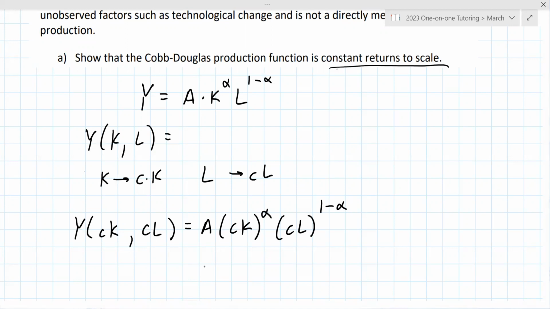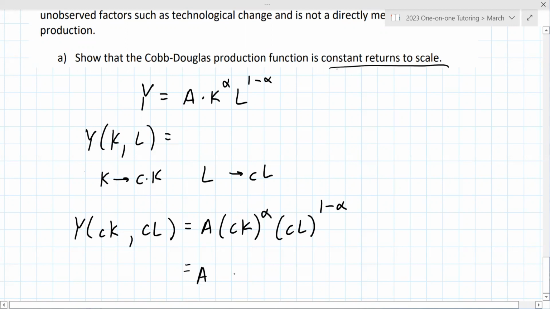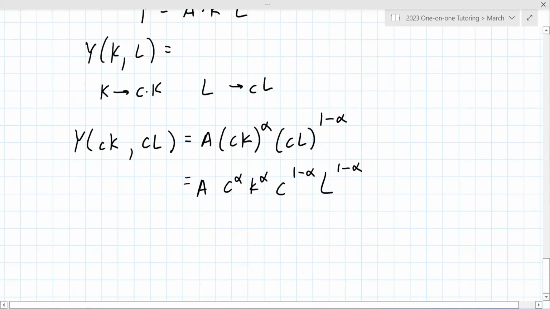Now, the next thing here is to apply the exponent rules. This alpha basically gets distributed to the C and the K. So it's A still there, C to the alpha, K to the alpha, C to the 1 minus alpha, L to the 1 minus alpha. If you recall your exponent rules, let me rearrange this slightly.